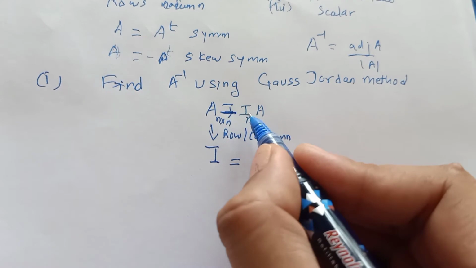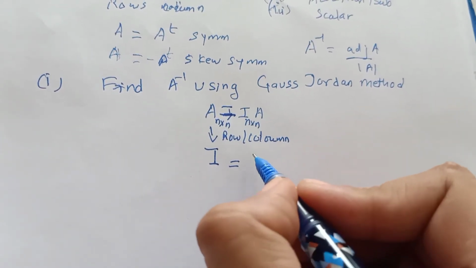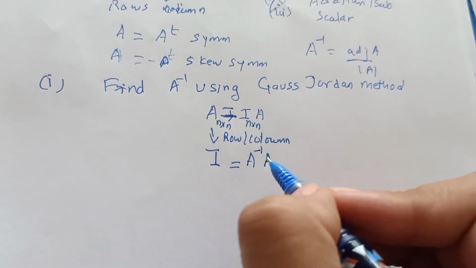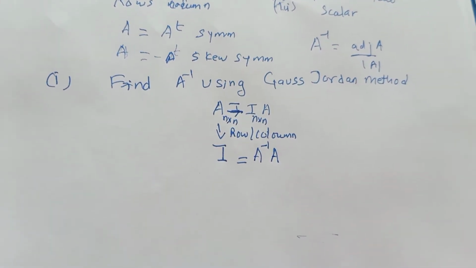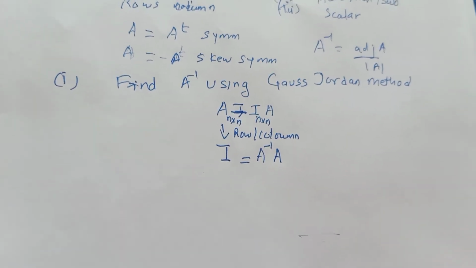You apply the same operations on this side, so that this I matrix would finally be converted into A inverse, and this A would remain same. This is how you will obtain A inverse using Gauss-Jordan method. Let me show you with an example.